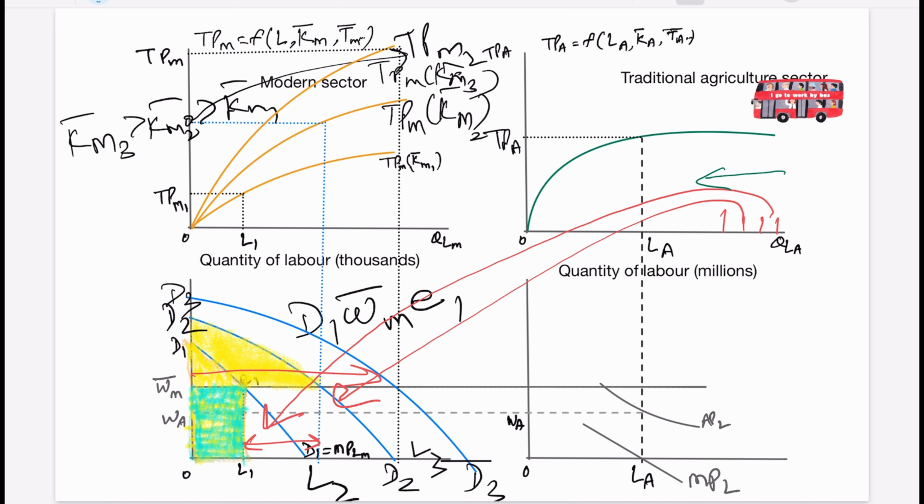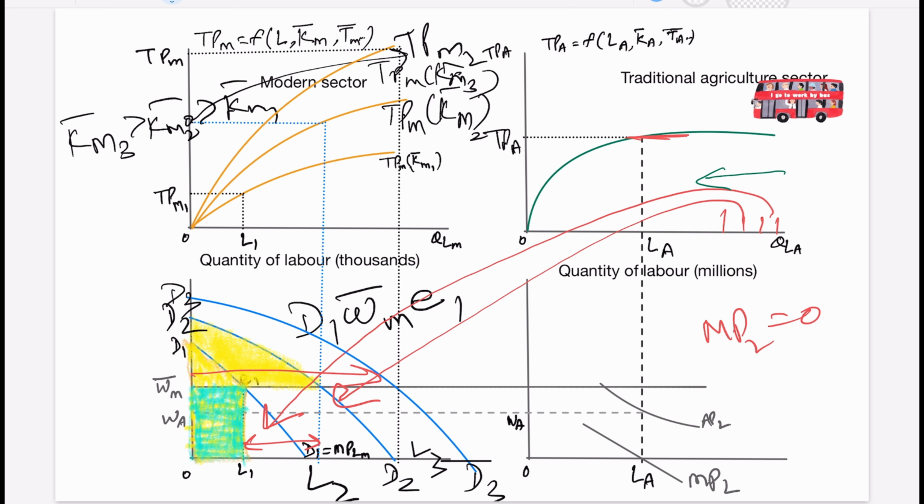So is there any limit to this expansion of the urban sector at the cost of the rural sector? Yes, there is. The point when we reach here is where all the excess agricultural workers, meaning all the workers with MPL equal to 0, are transferred to the manufacturing sector.